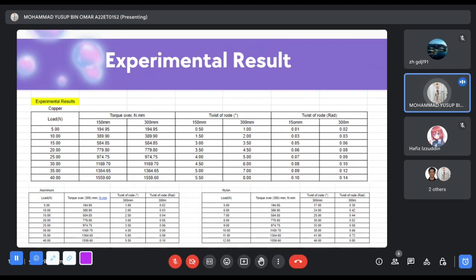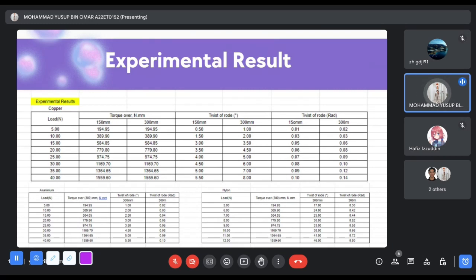So we have changed the twist of rod into radian. Next, we have aluminium. We use the same method to calculate the twist of rod in radian when we get the angle during the experiment.